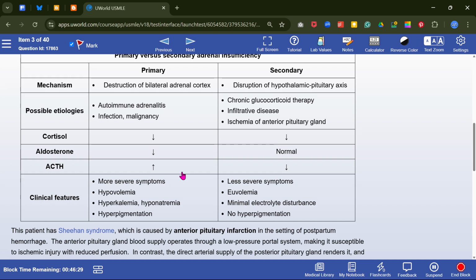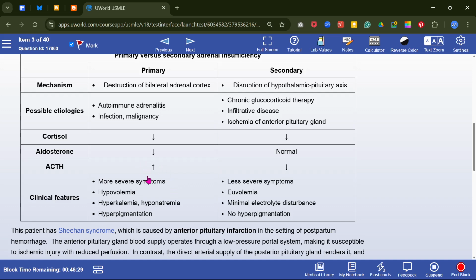In secondary, there may be chronic glucocorticoid therapy, infiltrative disease, and ischemia of the anterior pituitary gland. In primary, cortisol is low, aldosterone is low, and ACTH is high. But in secondary, aldosterone is normal, cortisol is low, ACTH is low too.